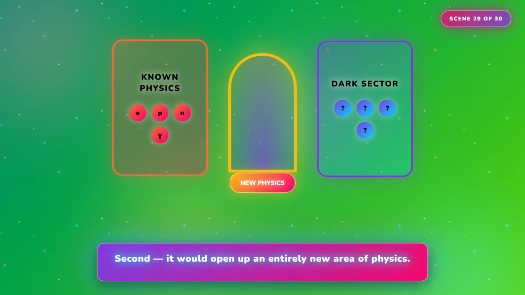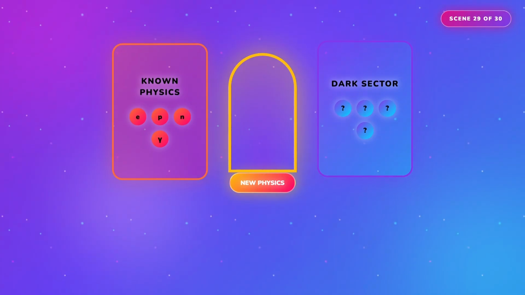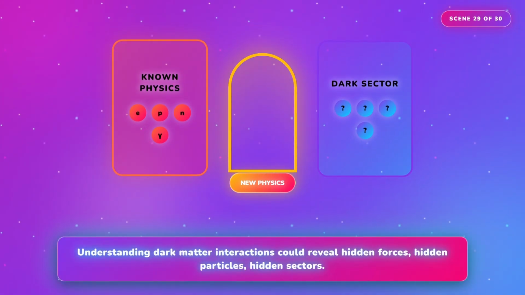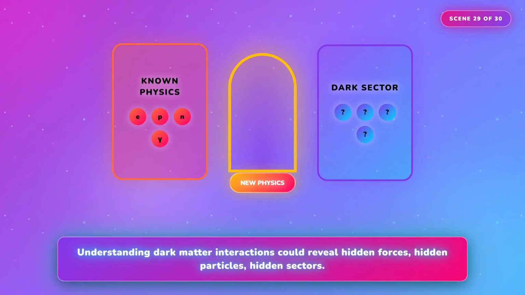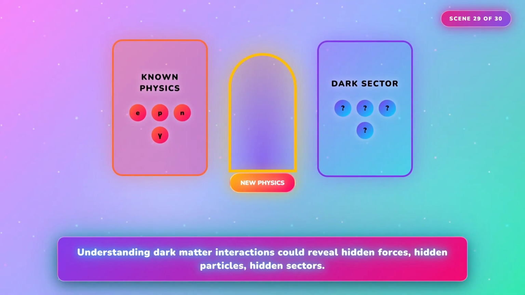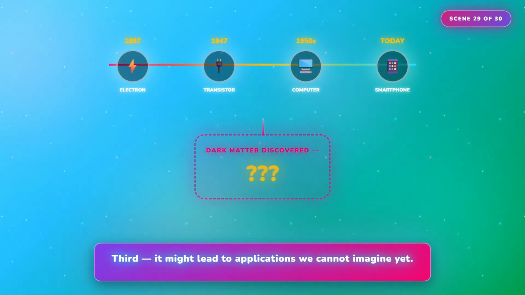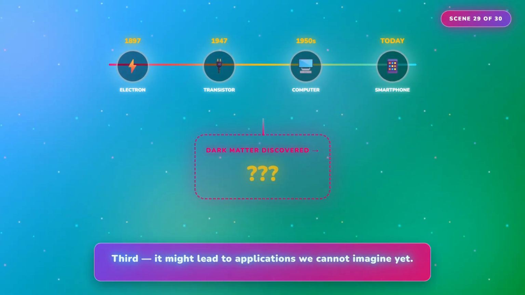Second, it would open up an entirely new area of physics. Understanding dark matter interactions could reveal hidden forces, hidden particles, hidden sectors. Third, it might lead to applications we cannot imagine yet.